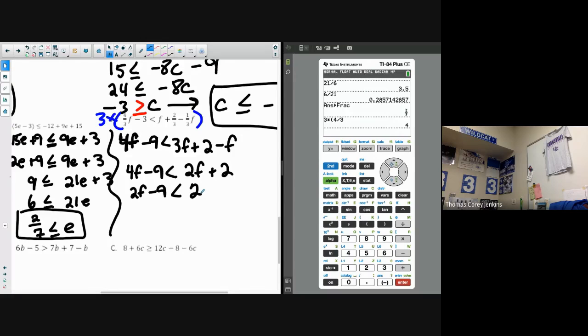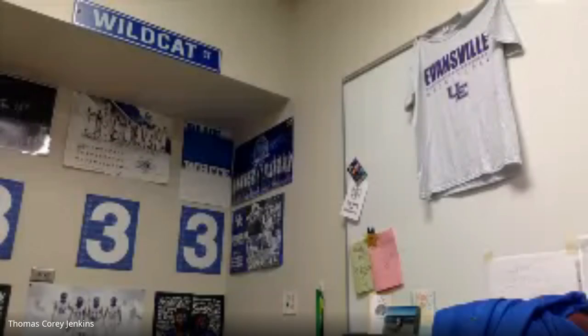And now I want to add 9 to both sides. So that would give me 2f is less than 2 plus 9, which is 11. Then we divide both sides by 2. And if you do 11 divided by 2, you get a decimal, and you could actually write that as a decimal.